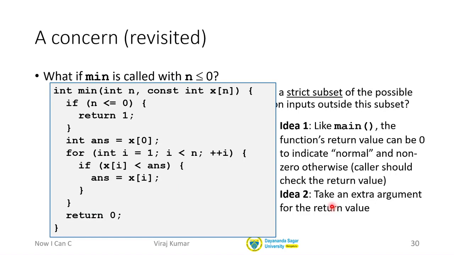So here is that other idea. Instead of using this local variable, why don't we take an extra argument and use that extra parameter as the return value?